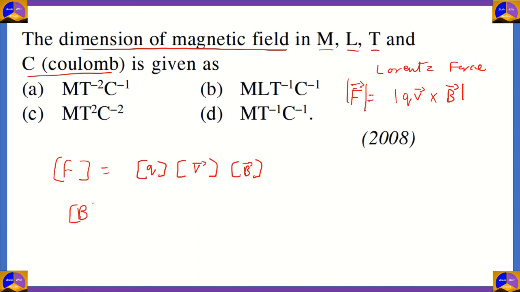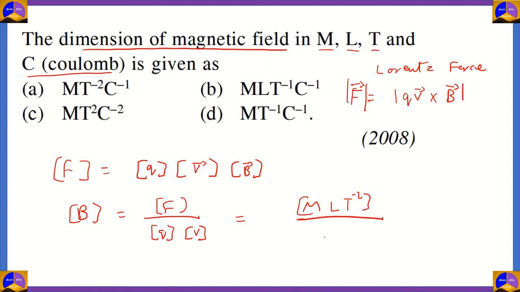So dimensions of magnetic field is equal to dimensions of force divided by dimensions of charge into dimensions of velocity. Force is M L T power minus 2 divided by Q, that is charge, which is represented in coulombs, and velocity is represented in L T power minus 1. So length gets cancelled.